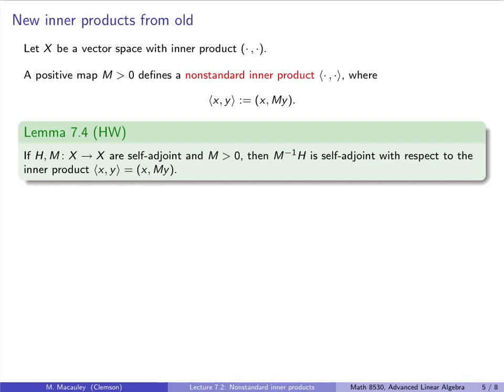To see why, it follows pretty simply. For this to be self-adjoint, let's write the inner product of x and M inverse H x. Let's go back to our standard inner product. So x dot M times M inverse H x. Of course, this cancels to get the inner product of x and Hx. Now, for this to be self-adjoint, we have to put it in the left coordinate and see that we get the same thing.